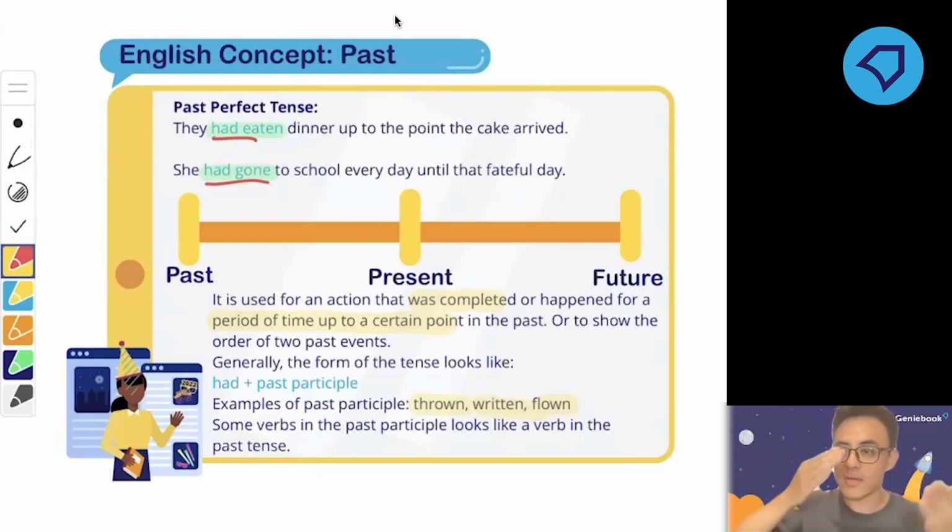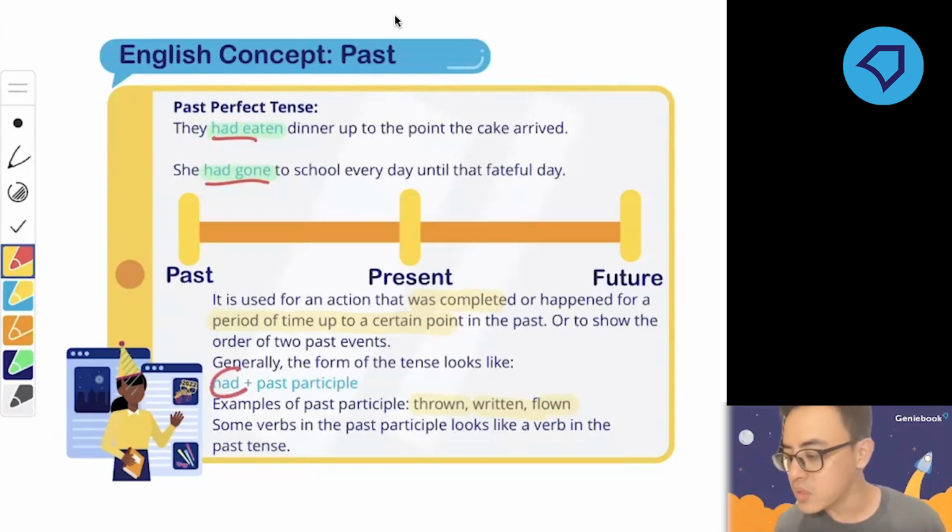It's emphasizing the finishing of the action, not how long the action takes place, but when it finishes. So it is used to show the completion of something up to a certain point in the past, or to show the order of two past events. And past perfect, like I mentioned earlier, uses the word had very often.